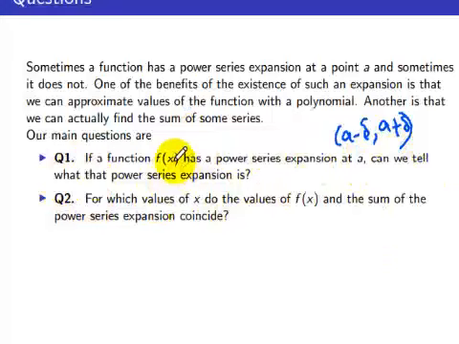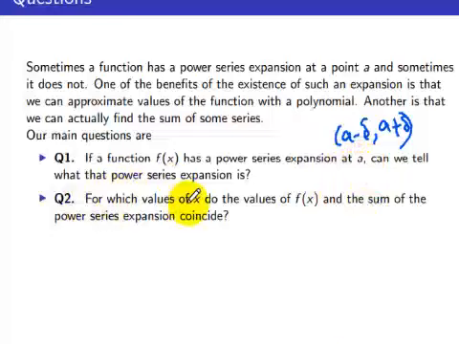We call it the Taylor expansion, right? To find the Taylor expansion, f needs to be infinitely differentiable on an interval including this point, right? So let's discuss that.